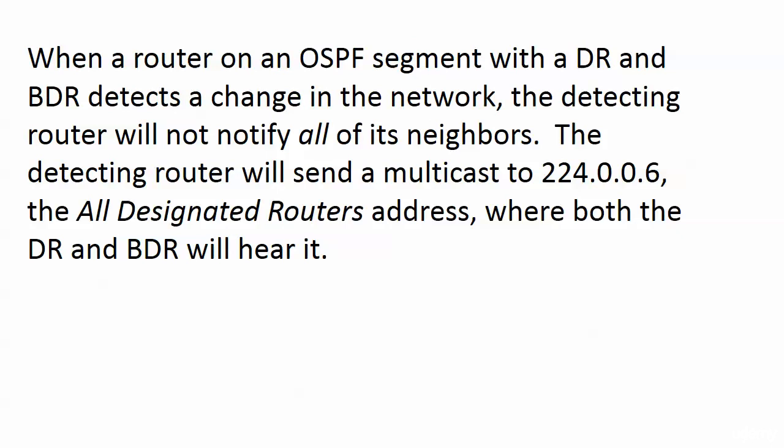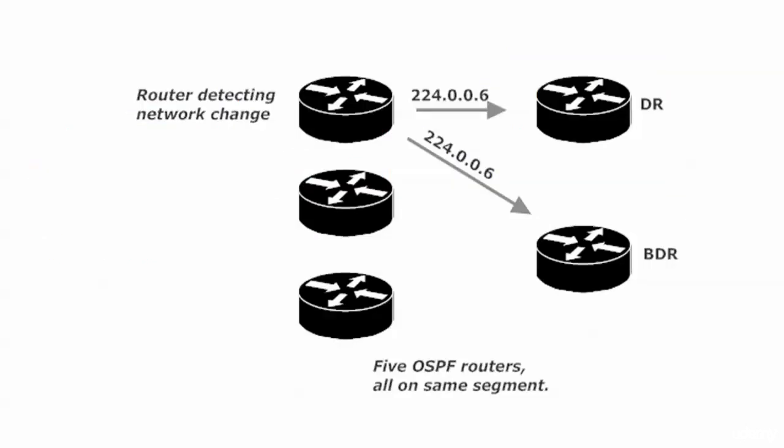Watch this one, 224.0.0.6. It's the all designated routers address, and the DR and the BDR on that segment will hear it. DR others do not listen for 224.0.0.6. So that's only an address for DRs and BDRs. They both hear it, and this is what happens.